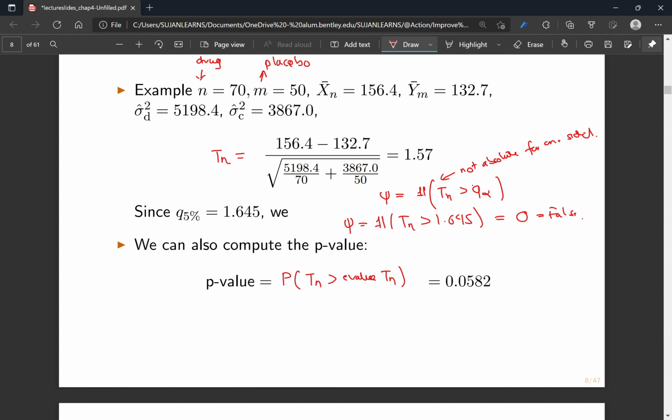Now let's calculate this. Probability of Tn greater than 1.57. What is 1.57 in terms of alpha? Can you tell me? Let me check.